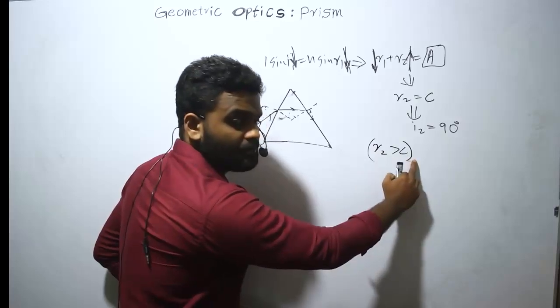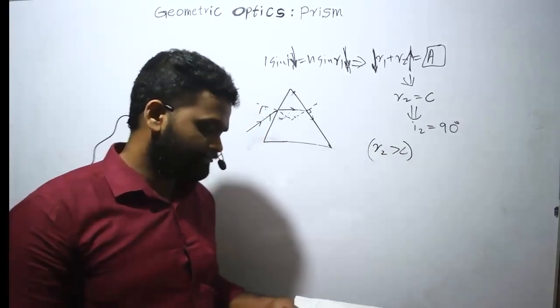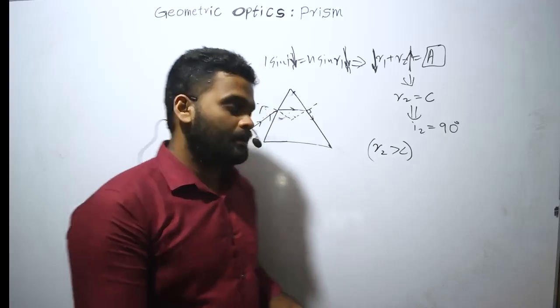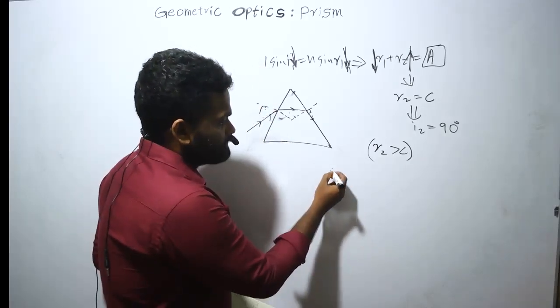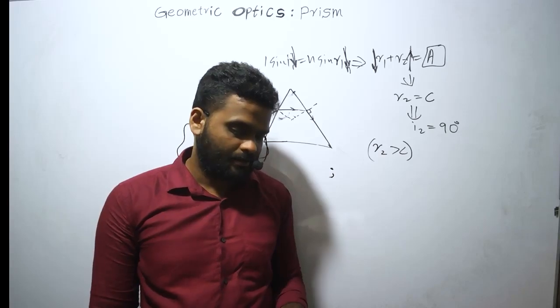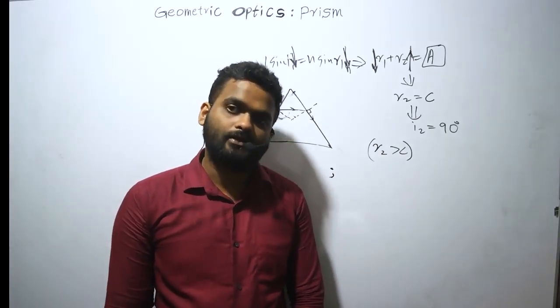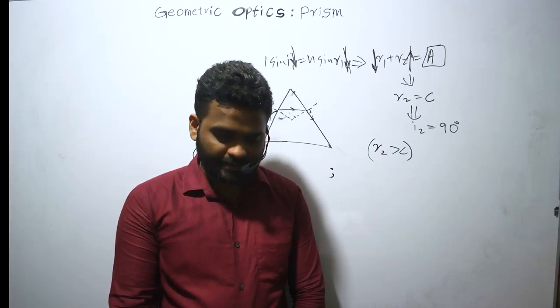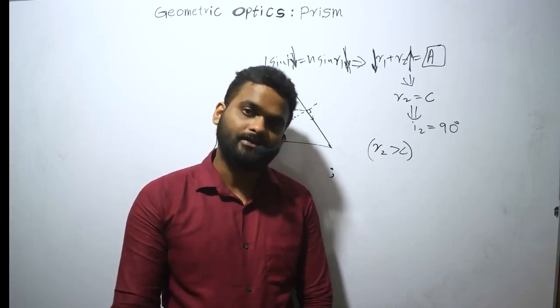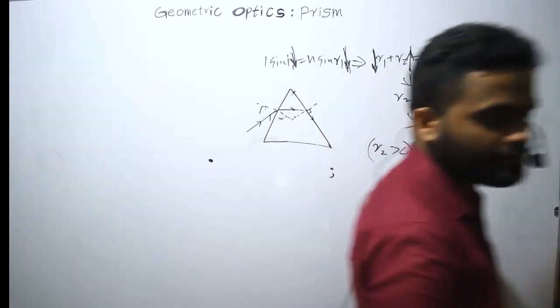This is the requirement for total internal reflection (within brackets, R2 greater than C); total internal reflection occurs.